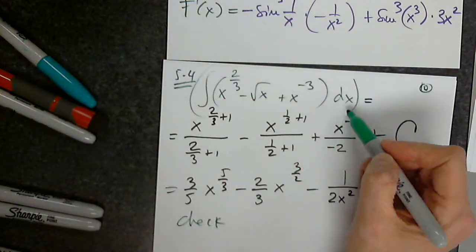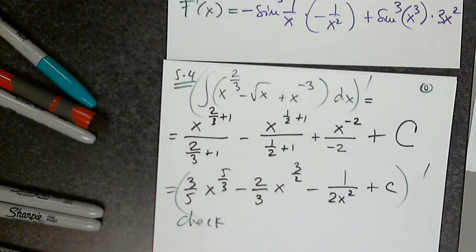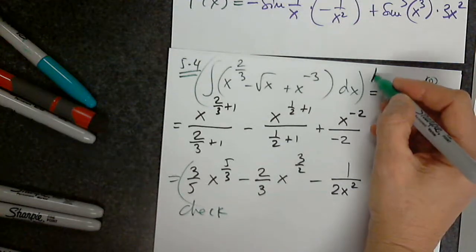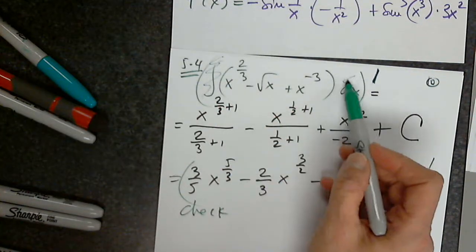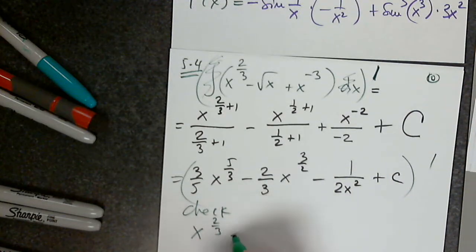I differentiate the left-hand side, and I differentiate the right-hand side. When I differentiate the left-hand side, what do I get? This operation eliminates this, and I get the function back. So the left-hand side is x to 2/3 minus the square root of x plus x to -3.